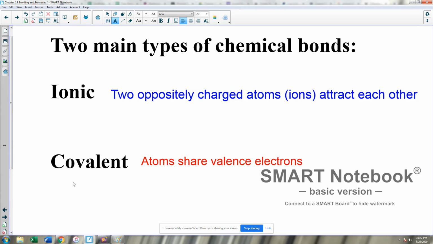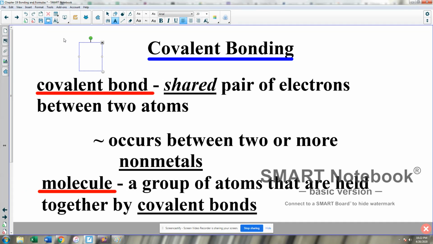So this is where we see the word covalent. So co meaning together, and valent meaning valence electrons. So covalent compounds, as we said, have to do with sharing electrons. And this happens when two atoms share a pair of electrons.